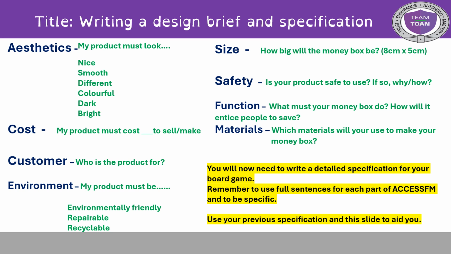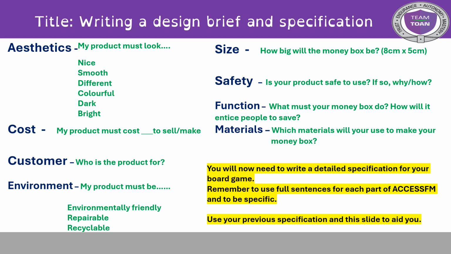Now, every part of this money box is recyclable because you are making it out of thermoforming plastic, which we know from the last rotation is recyclable. You are using acrylic. You are also using pine, which is a natural timber, and you are using plywood, which is a manufactured board. However, it is highly recyclable. When it says to make it repairable, well, you are building it from scratch. So if it does break, can you fix it? Yes, of course you can, sounding like Bob the Builder there.